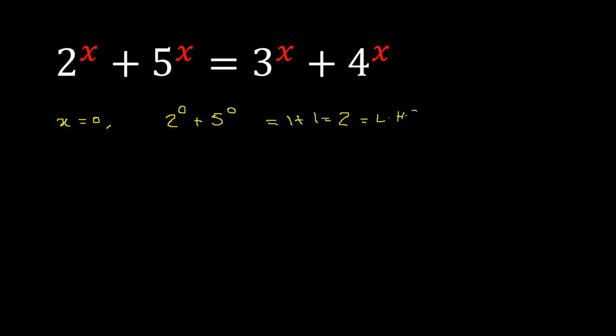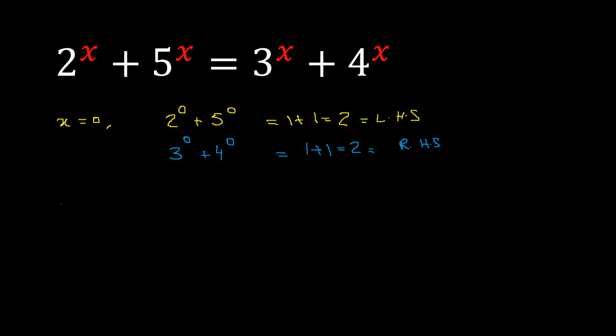If we plug x equals 0 on the right side, we get 3 raised to power 0 plus 4 raised to power 0, which is again 1 plus 1, equal to 2, and this is the right hand side. So from here you can see that the left hand side is equal to the right hand side. This concludes that x equals 0 is one of the solutions.